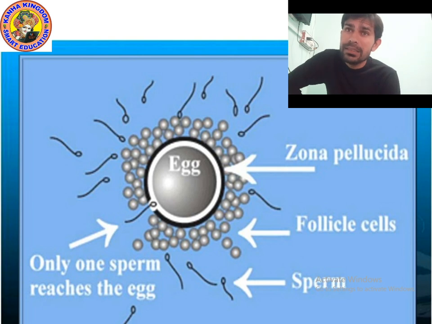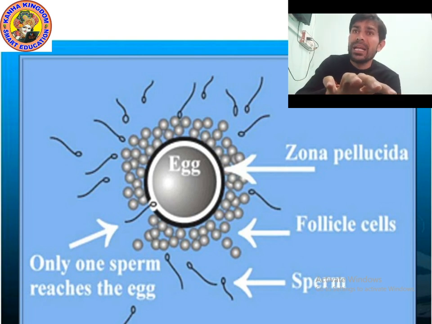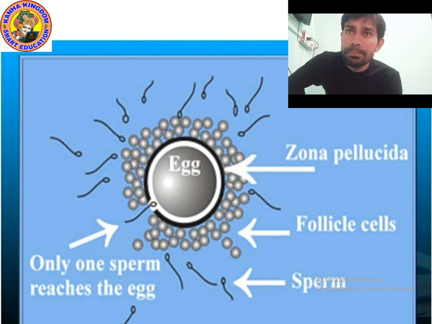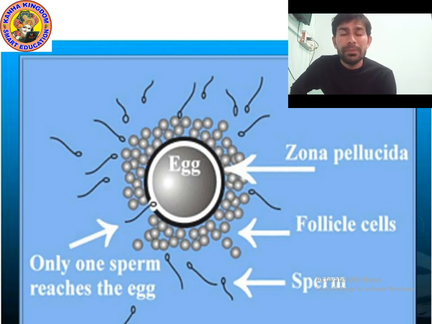These are known as zona pellucida, which becomes impermeable to other sperm. Impermeable to other sperm means what?